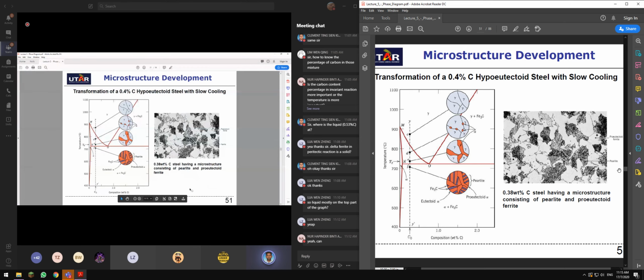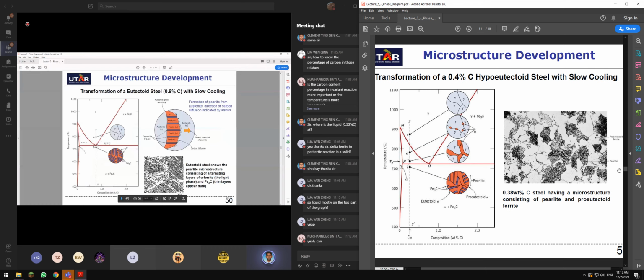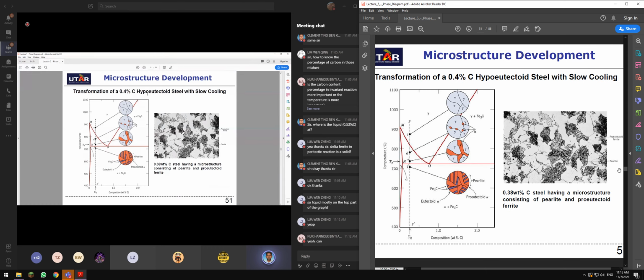Now what happens if I have a carbon content which is less than 0.8? We call that hypo-eutectoid steel. For example, look at this zoomed phase diagram. At a temperature around 800, 900, 890, I have a carbon content of 0.4, which is hypo-eutectoid.